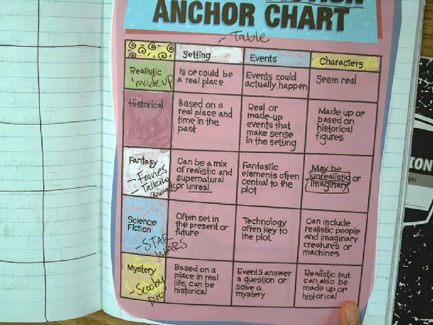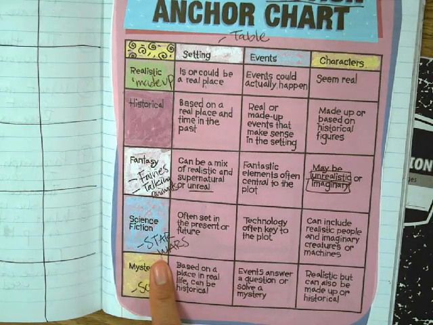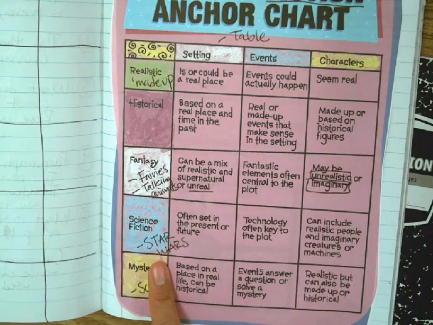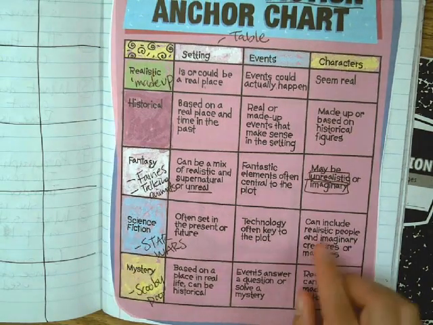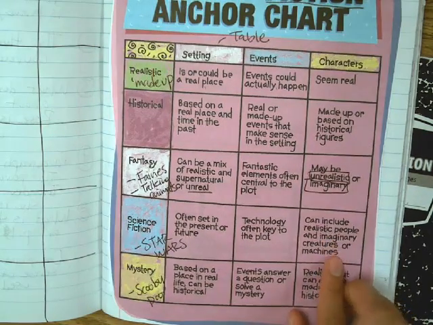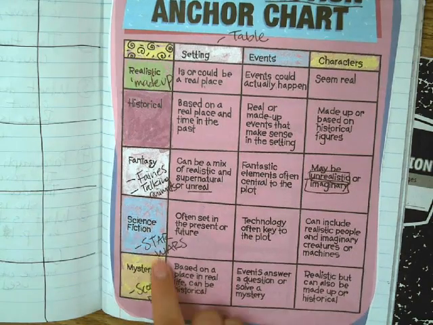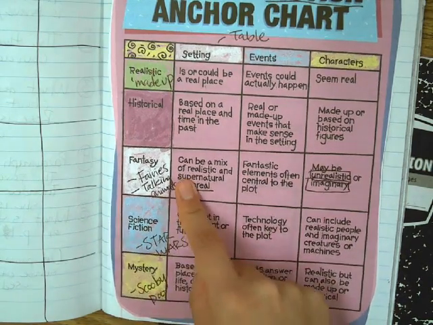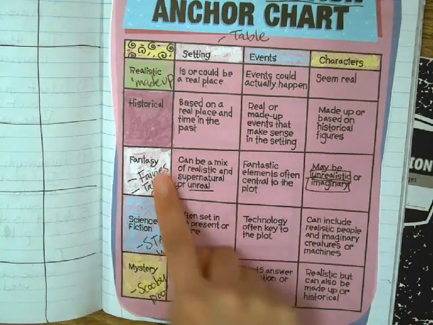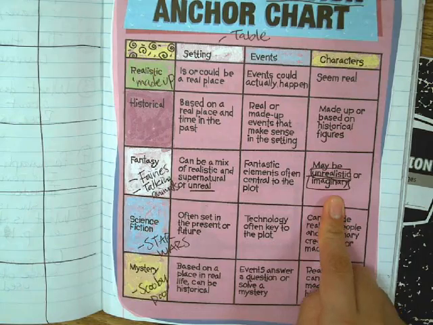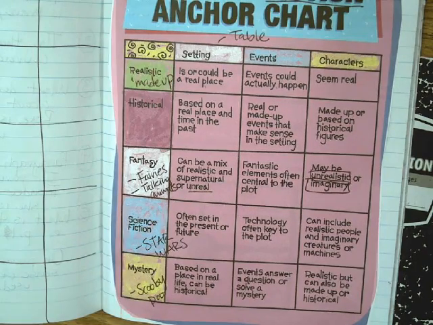Science fiction would be like Star Wars or Back to the Future, any of those types of movies or types of fiction literature that can include realistic people and imaginary creatures or machines. So, of course, I gave Star Wars as that example. Fantasy has fairies and talking animals. This is something really simple to identify as fiction. It's all of our fairy tales that we know of. That would be fantasy.